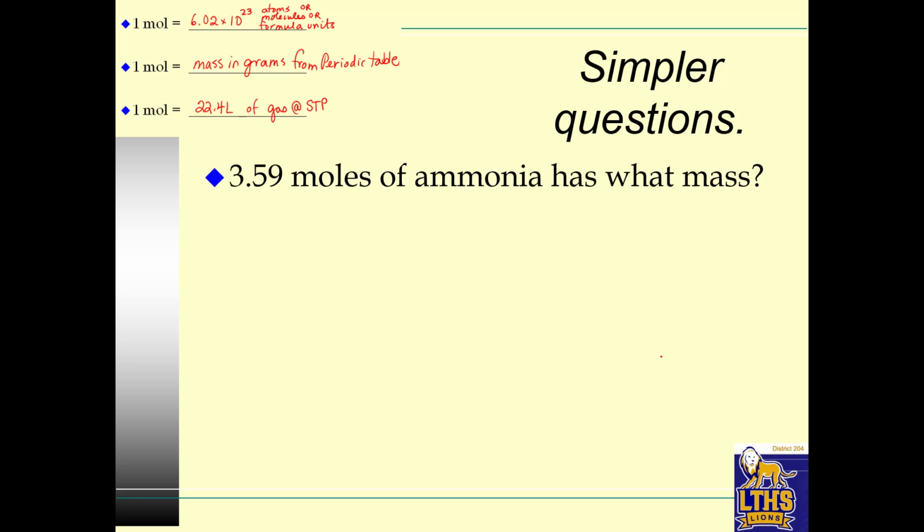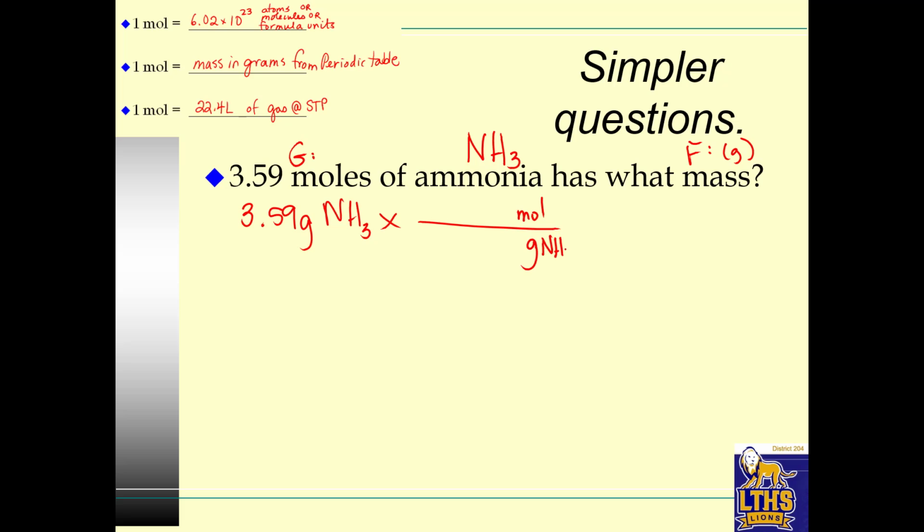Okay. So this isn't really simpler. It's just similar. This is what we're given. 3.59 grams of ammonia, find the moles. Ammonia is NH3. So you have to state 3.59 grams of NH3. We got to change it into moles, so I got to go grams to moles.